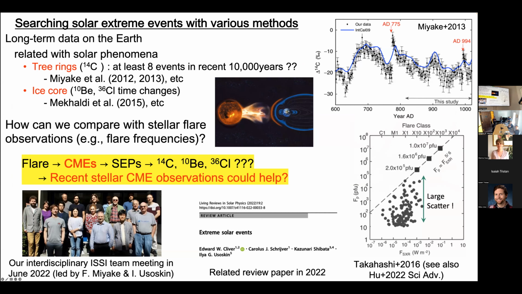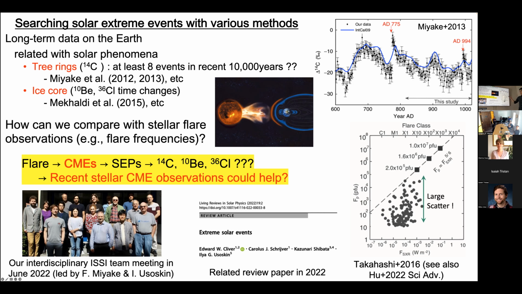One point is that the time resolution of tree rings and ice cores is good, because tree rings form every year, and ice cores are the same. There are seasonal changes. Ice cores also have layers, I don't know the name, every year or 10 years, so there is seasonal evidence.